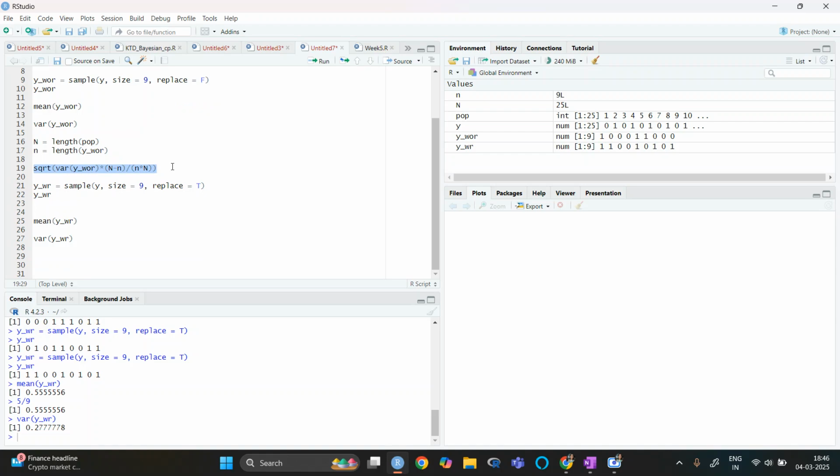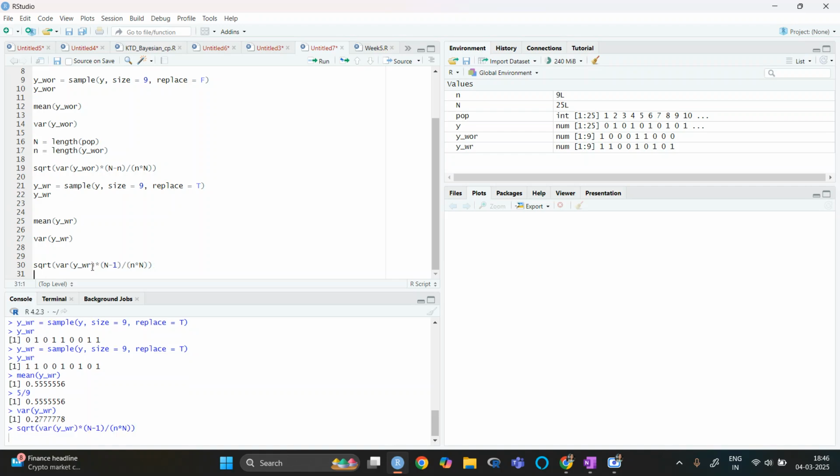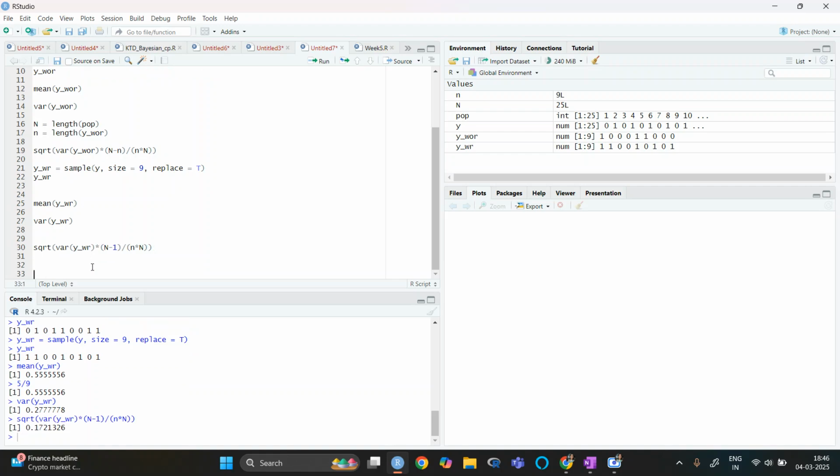I'm just writing n minus 1 upon n into n, but we can see how much difference it will create. Right now it is this.